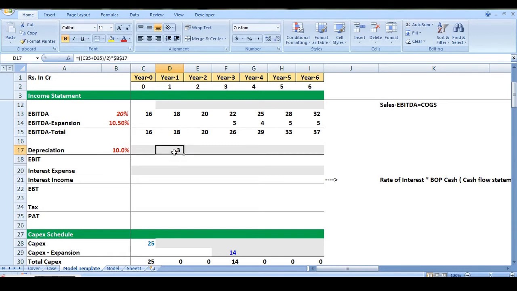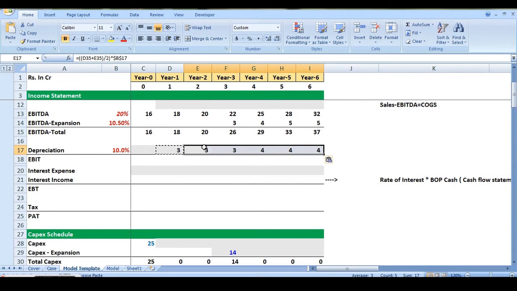I have formatted my cells to give me full integers and not decimals. So that's why I am getting 3. You might get the value as 2.5. Just for convenience I am making it the full integer. Now if I copy the same formula for the rest of the years, it gives me the depreciation for the rest of the years.